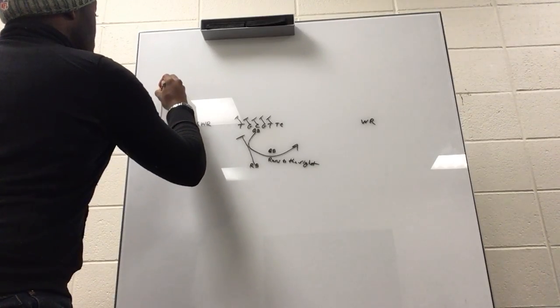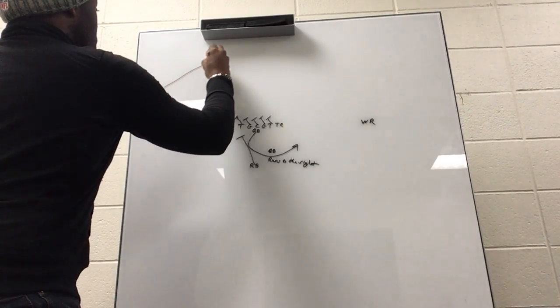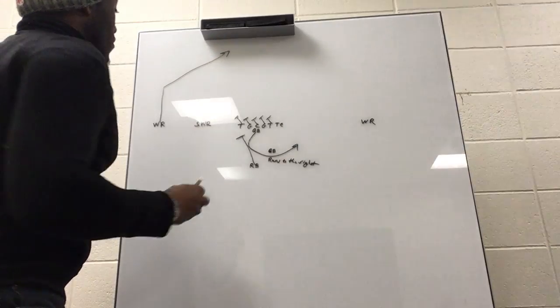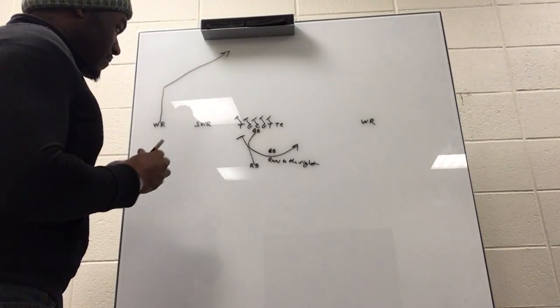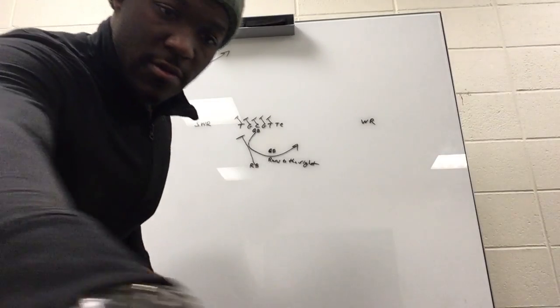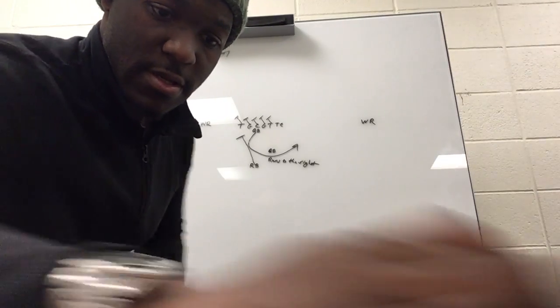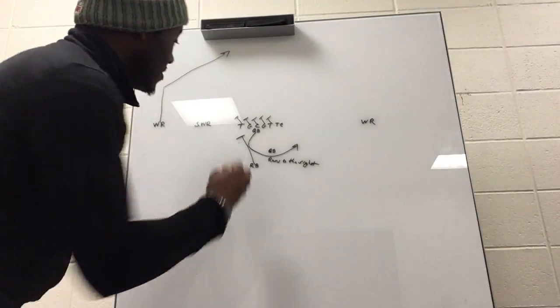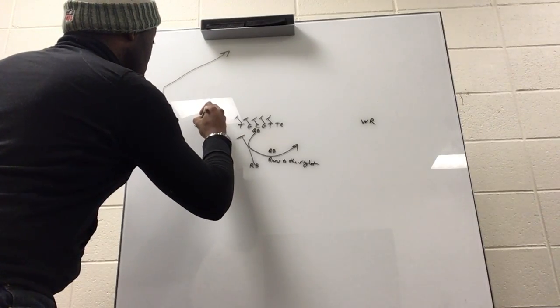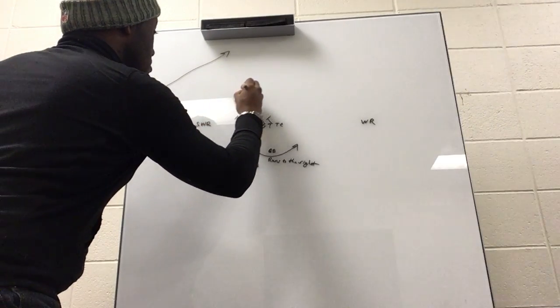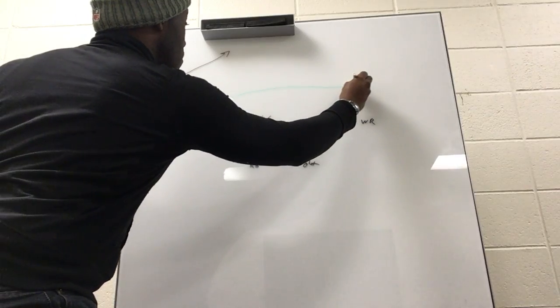Left side starting receiver runs deep post. Slot receiver runs intermediate crossing pattern.